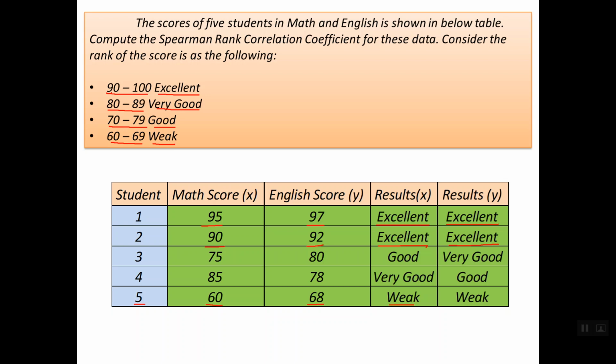So we consider the result for the math to be weak, and same for the English score, it is weak, even though the score in English is somewhat better than the score in the math. So this point is one of the limitations or disadvantages of using the Spearman rank correlation coefficient.